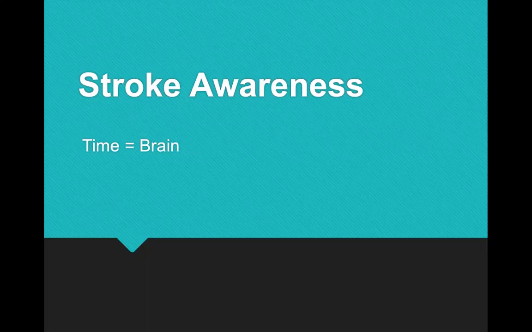But the risk of administering TPA is greater after about 3 hours after the onset of the stroke. So we have this golden time period from when the stroke begins to 3 hours in which we can determine whether we should be administering TPA or other fibrinolytics to break up the clots, right? That's essentially what they need.